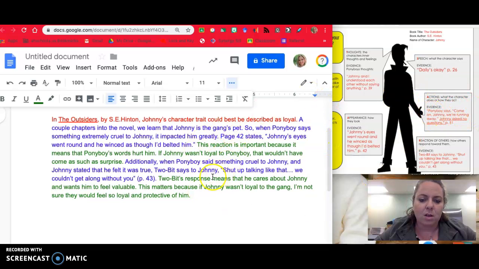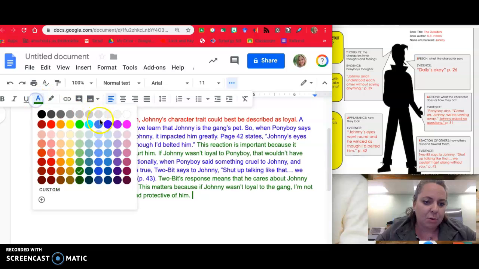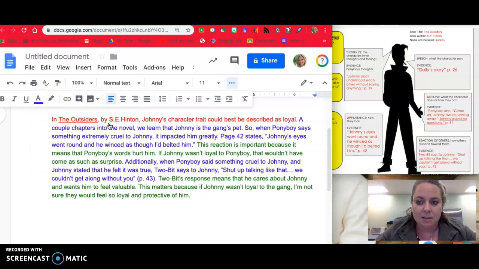I'm going to go back to blue again because I'm going to put in a new link with evidence, a little background information.